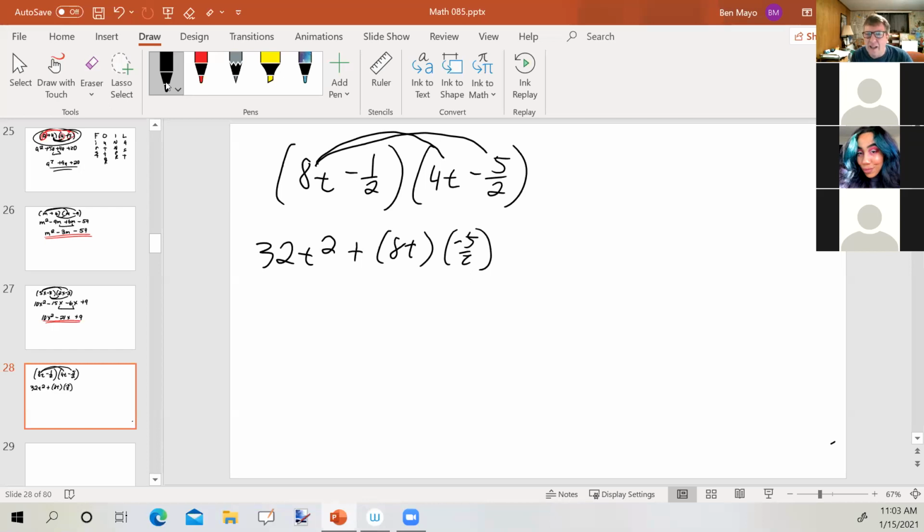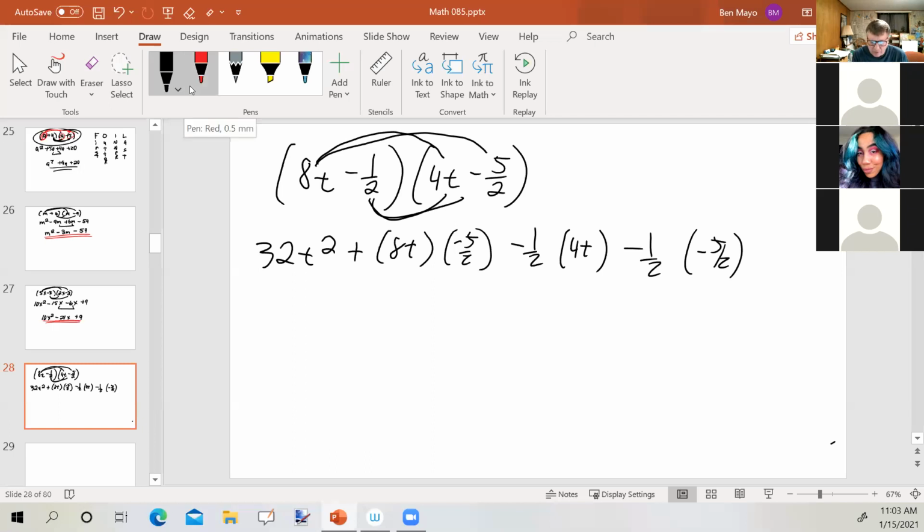I'm going to come back later and clean that up. Then I'm going to take minus 1/2 times 4t. And then minus 1/2 times negative 5/2. So I put the first product together because it was easy to see. The other ones, I left them so that we could walk through them together.